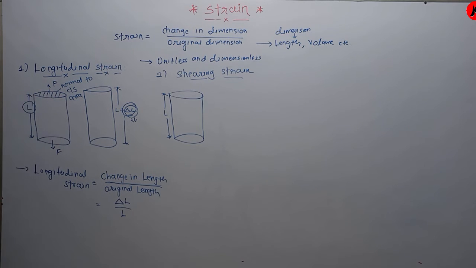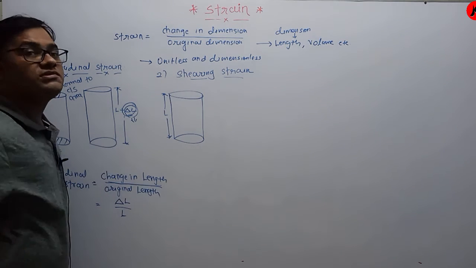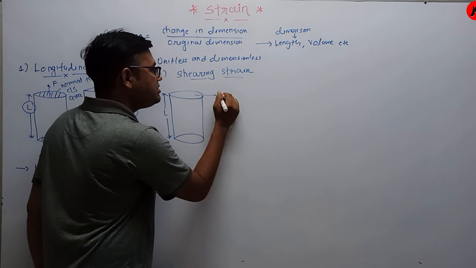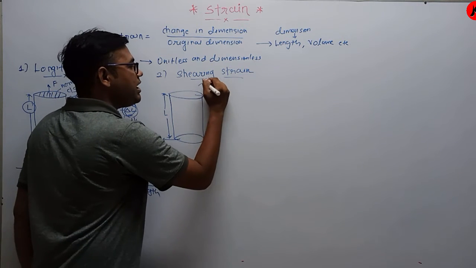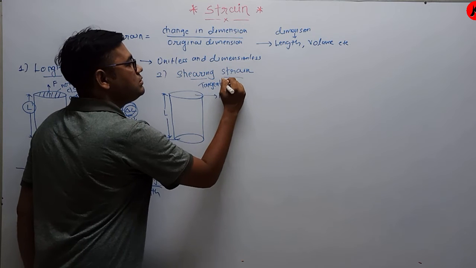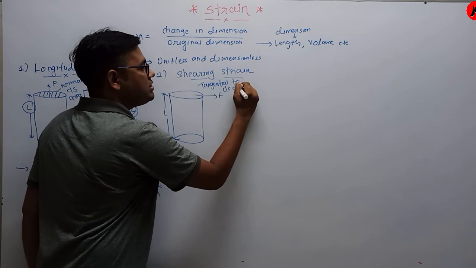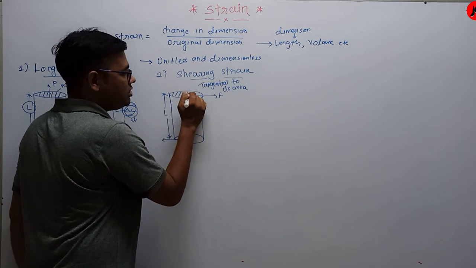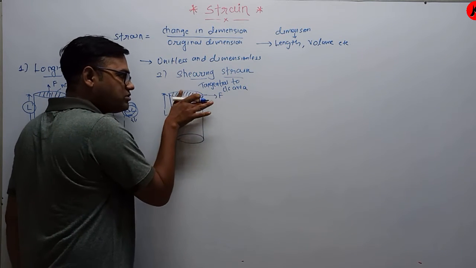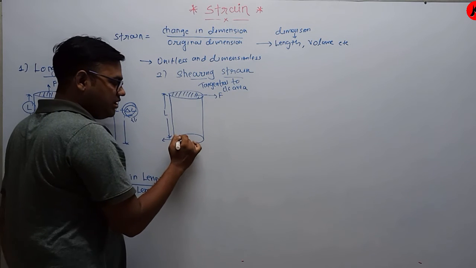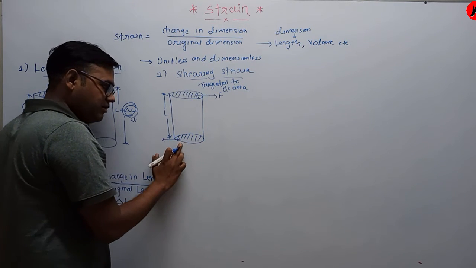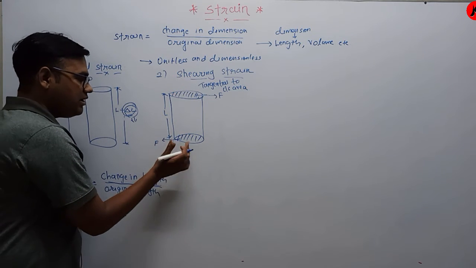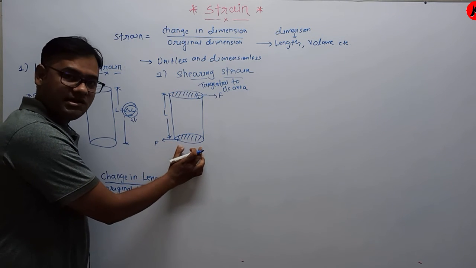Here we have applied the force F, which is normal to the cross sectional area, right? But in case of shearing strain, the force which is applied is tangential to the cross sectional area. This is the cross sectional area of the cylinder, and here we have applied the force which is tangential to this cross sectional area, on both faces.